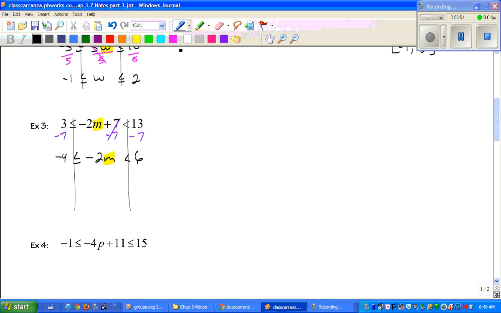The variable's still not by itself, so we have to divide by what? We're going to divide everything by negative 2. That switches. Negative 4 divided by negative 2 is 2. We're left with the m, and then the negative 3. And what's our rule? That when you divide by a negative, you have to flip the sign. Okay?